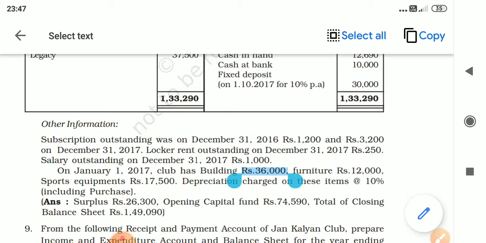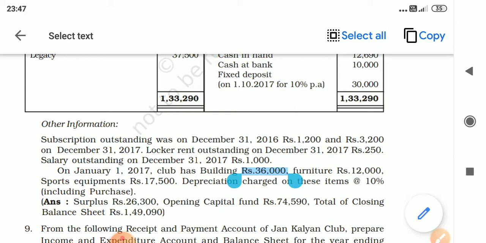Now in the closing balance sheet asset side we have to write building 36,000 in the inner column minus depreciation 3,600, which is 32,400. So 32,400 will appear in the external column.